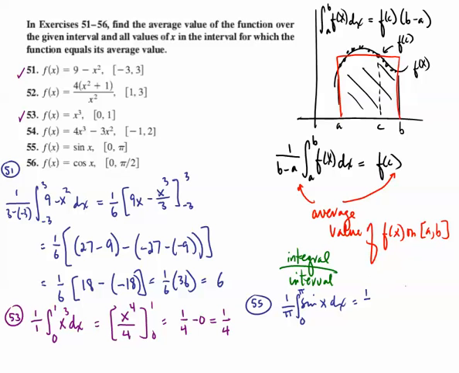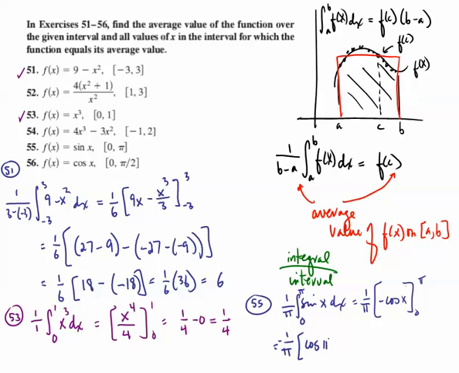Alright, so the antiderivative of sine is negative cosine, 0 to pi, and so we have 1 over pi times, and actually I can bring out the negative since that's a constant multiple. It'll make the calculations a little bit easier.